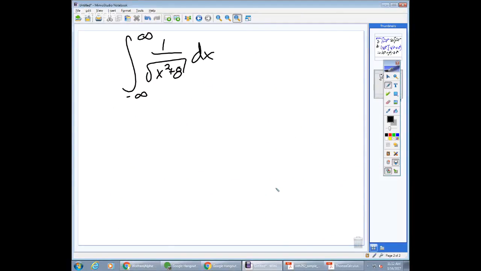So what we'll take a look at is compare this to, my pen's not working again. Let's hope this one works. There we go. So we're going to consider what's called the limit comparison test.